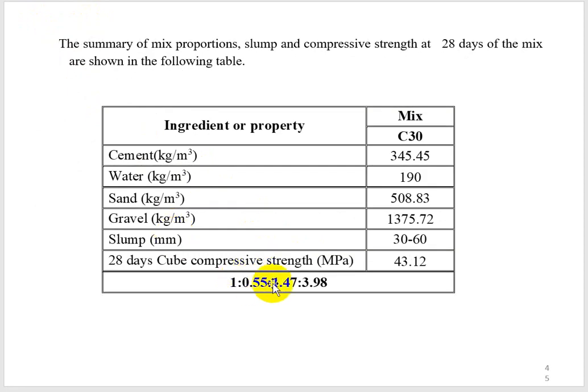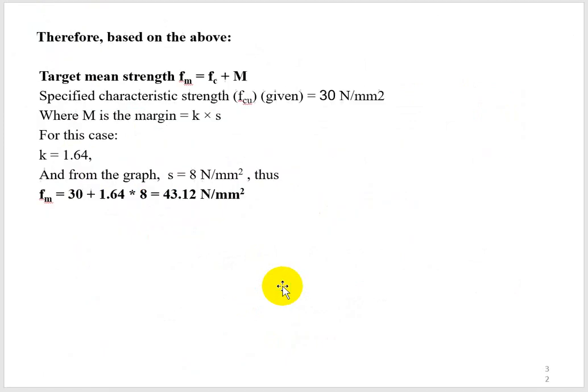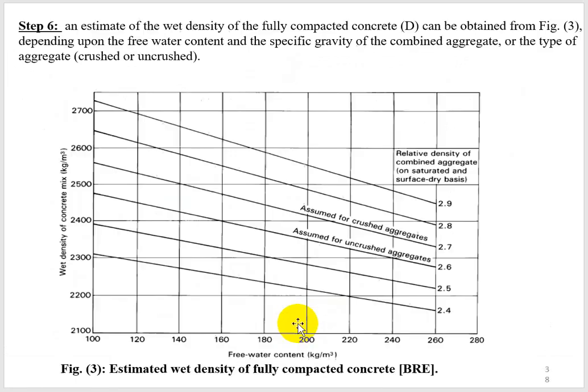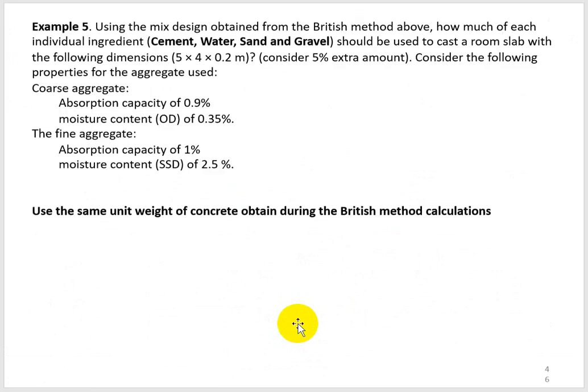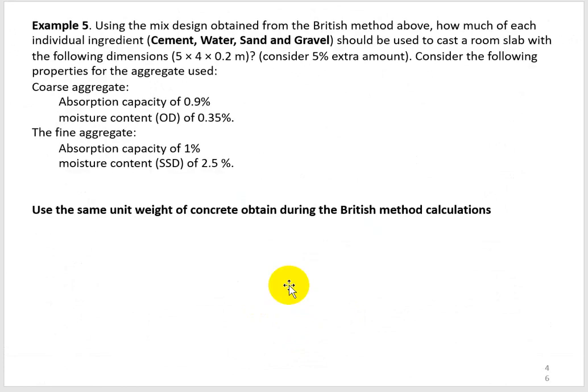Okay, so if we look at the proportions for the British method and the American method, and make a quick comparison, you will find that the British method is much more economic in terms of the weight of the aggregate and the sand.